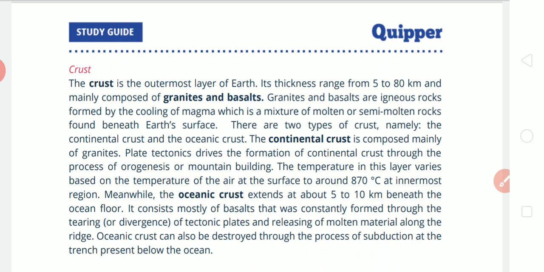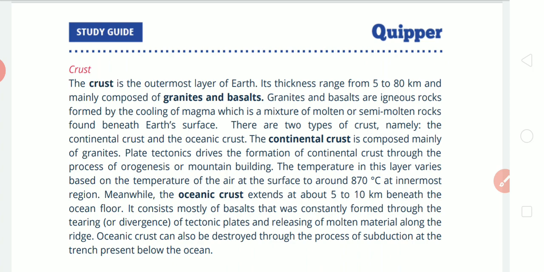Crust is the outermost layer of the Earth. So, this is the part where all living things live. Its thickness ranges from 5 to 80 km and it is mainly composed of granites and basalts. Granites and basalts are igneous rocks.